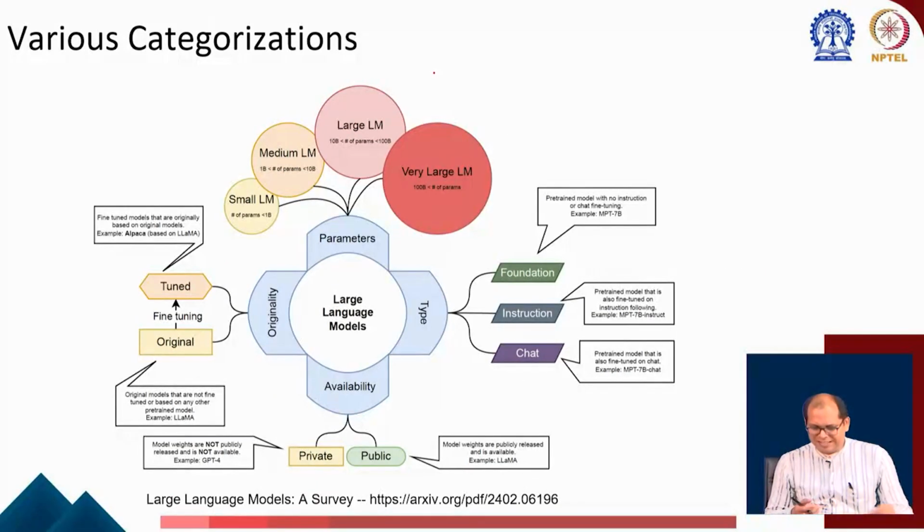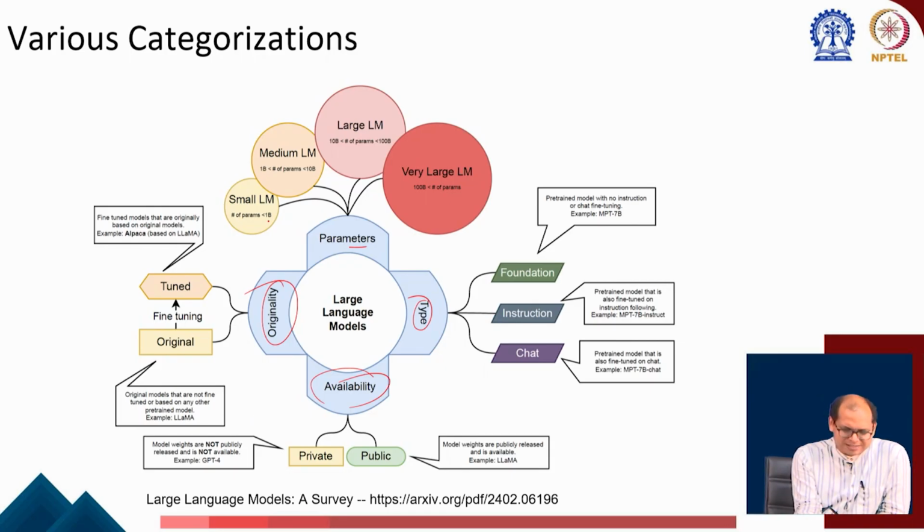This is again from the same survey paper. If you talk about an LLM, we can categorize them in terms of parameters, type, originality, and availability. The most common categorization you will see is in terms of parameters. There would be many ways people categorize this; this is one way that was shown in this survey paper. If it has less than 1 billion parameters, this is called a small LM.